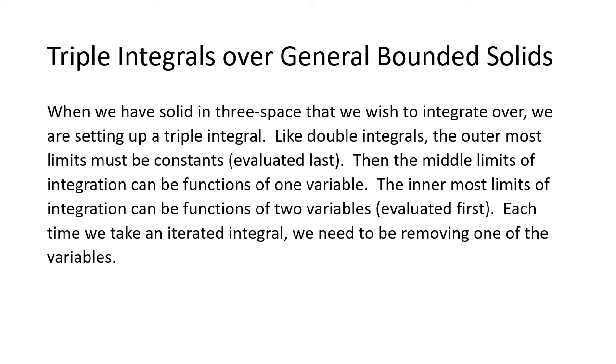And then we take that double integral, we do the iterated integral one more time, then it becomes a single integral of just one variable. And we need to do that check at every step to make sure that each time we're getting rid of one of the variables, so that we're not doing a bunch of work and we get to the end of the problem and we're like, oh, wait a second, it's not a number, I must have made a mistake somewhere. So again, work slow, work carefully, and do your best to stay neat and organized.